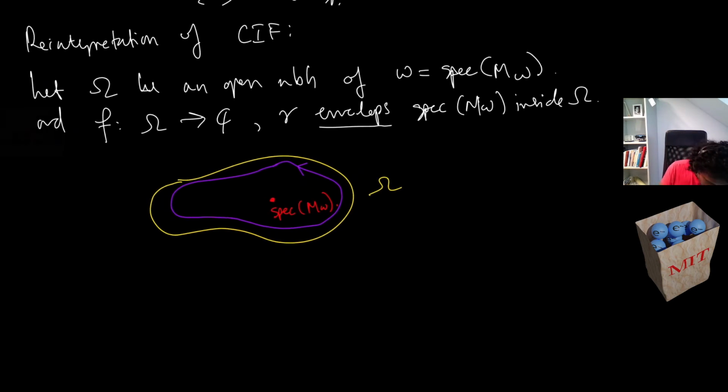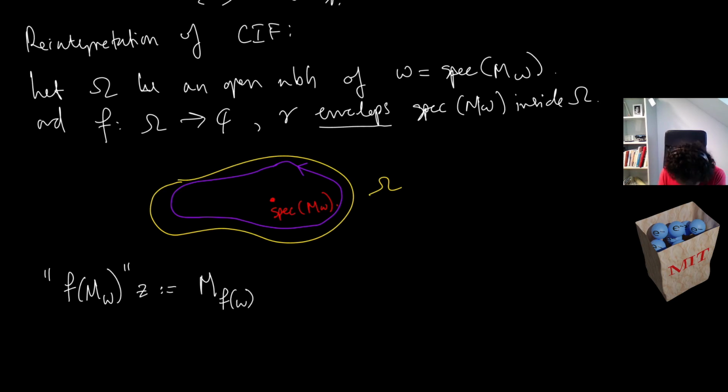Okay, so now let me impressionistically write this. I'm going to write the function of the operator itself acting on z. So what is this? This is going to be, I want this to be f of M_ω acting on z.